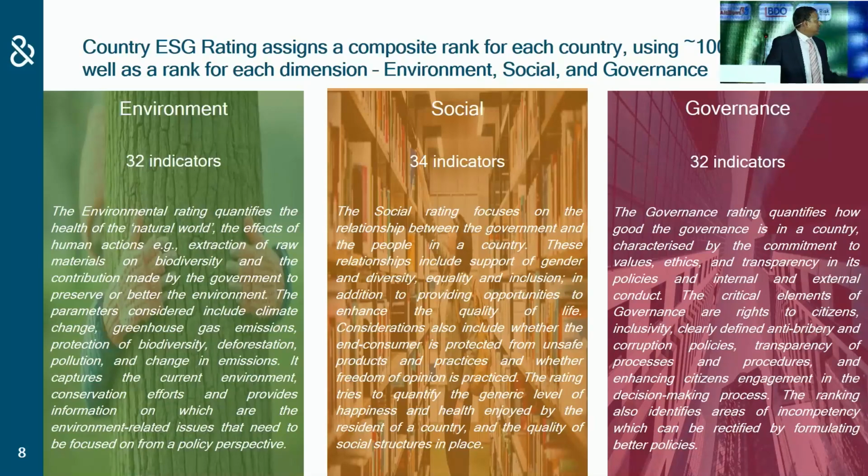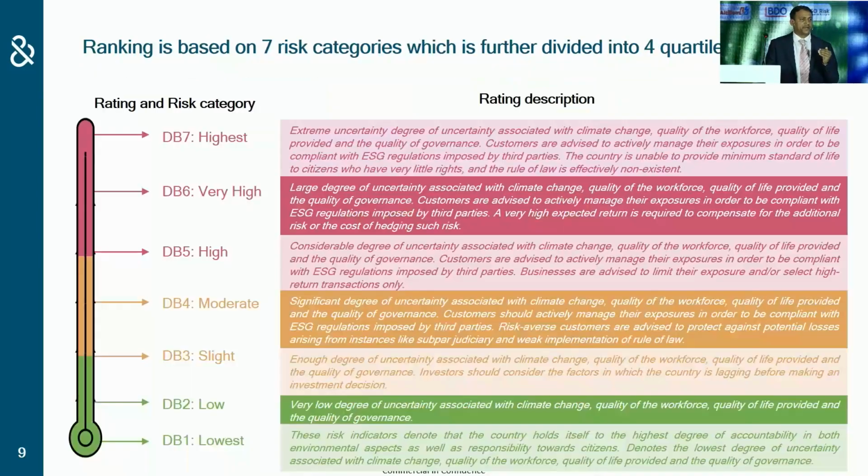There are 32 indicators we captured from the environment side, 34 indicators from the social side, and 32 indicators from the governance side, to look at which country is doing better, which is not doing better, or which is fair on the map. Then we assign a score to each country on each of those subparameters on a scale of 7.